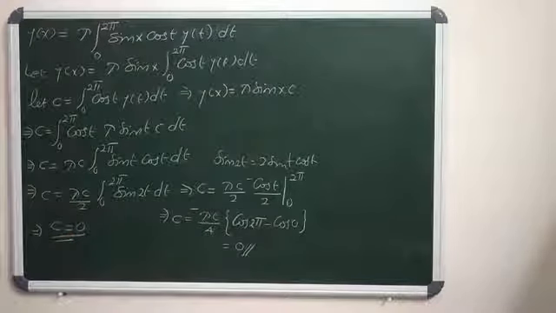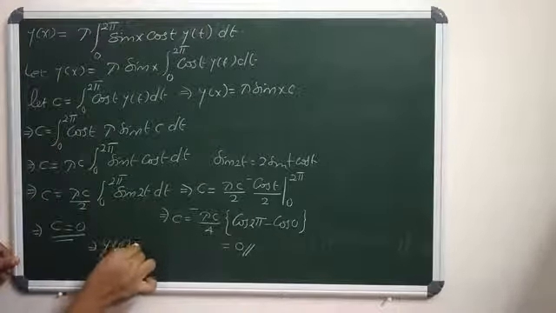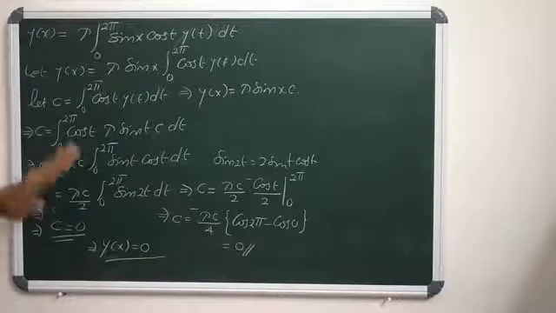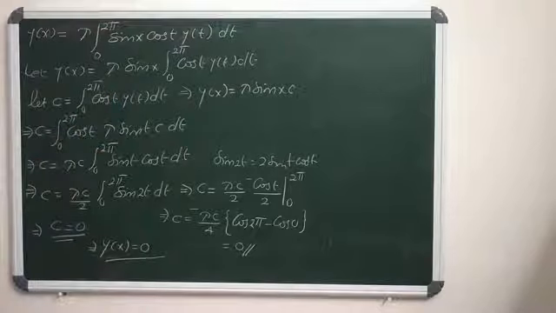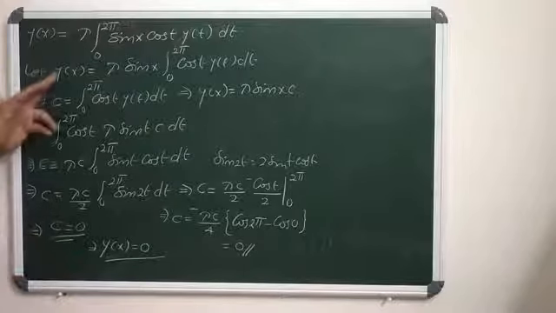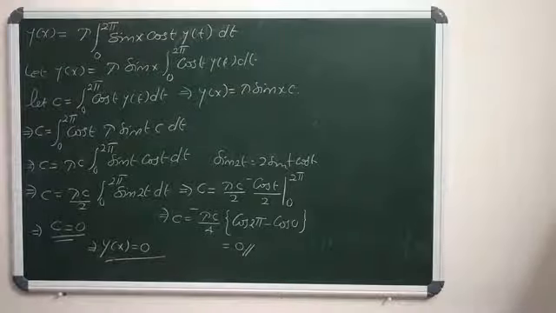When c equals 0, what happens here? From here, y of x equals 0. That means the given integral equation has no eigenvalue, and it has no trivial solution. When lambda equals 0, that gives a trivial solution of the given equation. Here c equals 0, then y of x reduces to 0, which means the given integral equation has no eigenvalue.